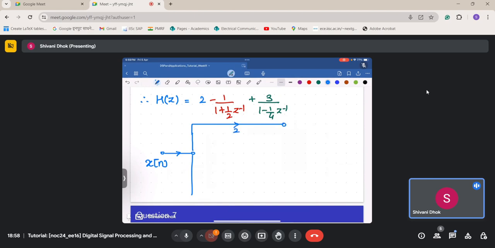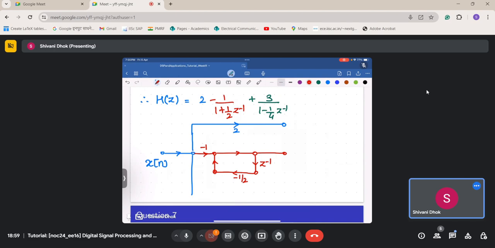Now let us realize this particular term here. So we are having a minus 1. So let's have it here, minus 1, like this. And then we have a feedback coming up z inverse, and this feedback thing will have a gain of minus 1 by 2, and this will go upwards.